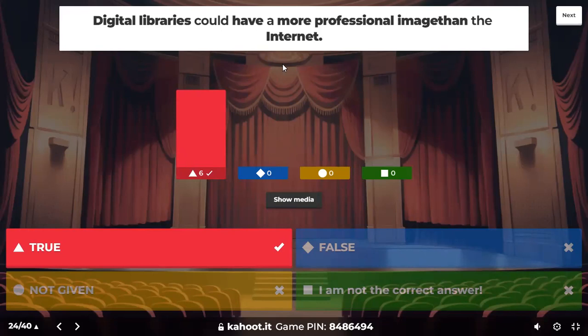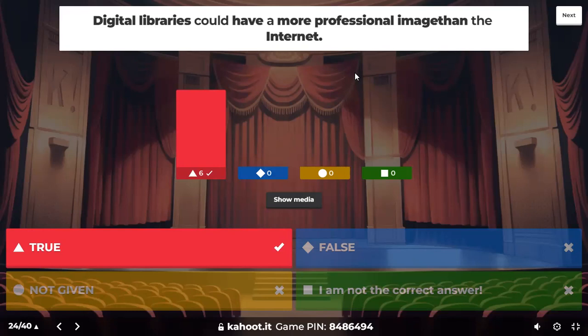Well, this is true because he said, if we compare them, digital libraries will make today's internet pale by comparison. Now, if the internet is pale, which is like an amateur, and digital libraries will be professional, then we look at the information, try to synthesize and analyze it, so we can come up with the conclusion that digital libraries will be more professional than the internet.